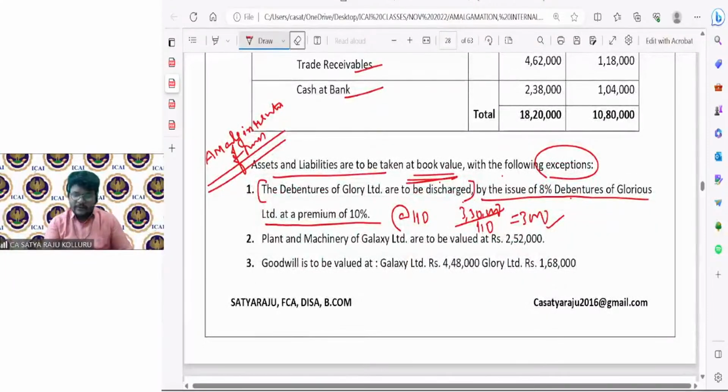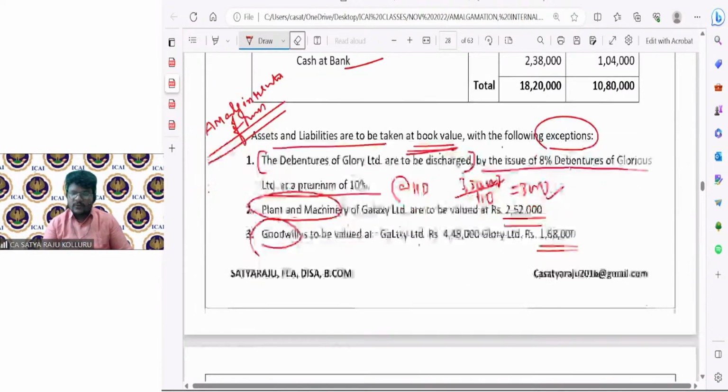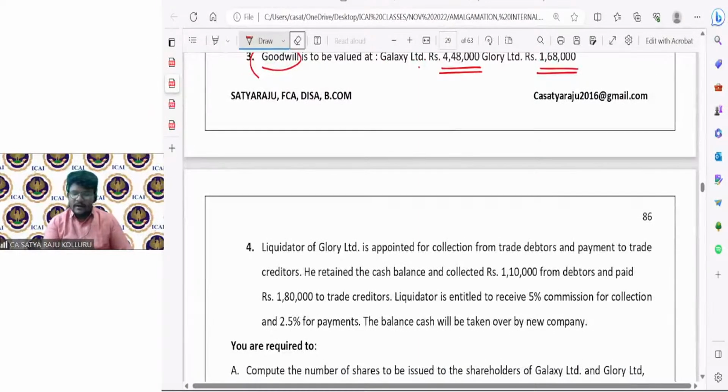Next, plant and machinery of Galaxy Limited are to be valued at 2,52,000, which is the agreed value of plant and machinery. Goodwill is to be valued at, for Galaxy 4,48,000, for Glory 1,68,000. Okay. Liquidator of Glory Limited is appointed for collection from trade debtors and payment to trade creditors.